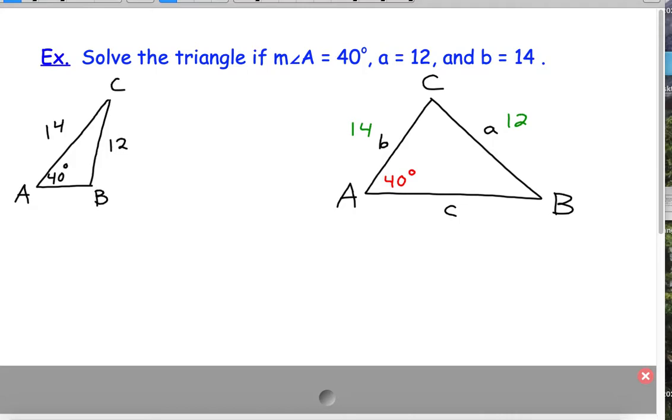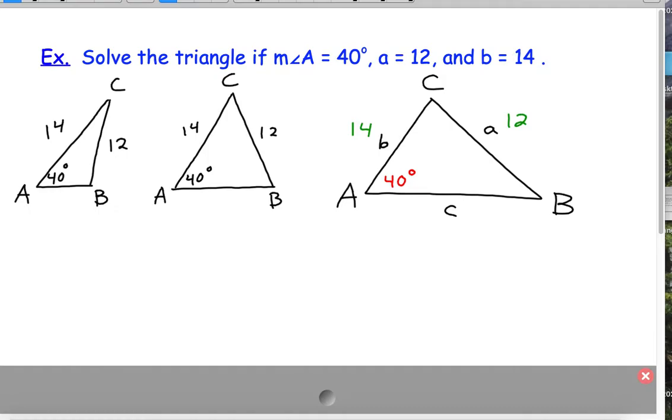And then the other triangle, if AB was a little longer, we still have the 14, but this time the 12 is going to go that way. So we still have 14, 12, 40 degrees. This is A, this is B, this is C. So you can see both those triangles could be created from the information that they gave us.